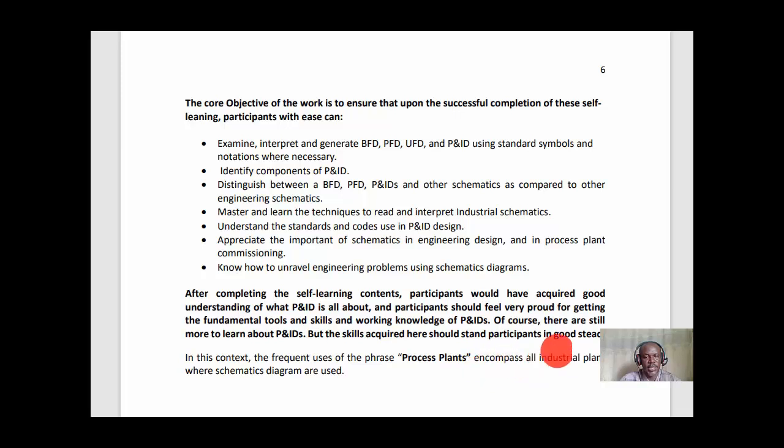Of course, there is still more to learn about P&IDs, but the skills acquired here should stand participants in good stead. In this context, the frequent use of the phrase process plant in this course encompasses all industrial plants where schematic diagrams are used.